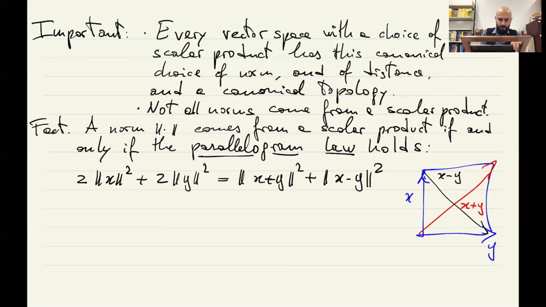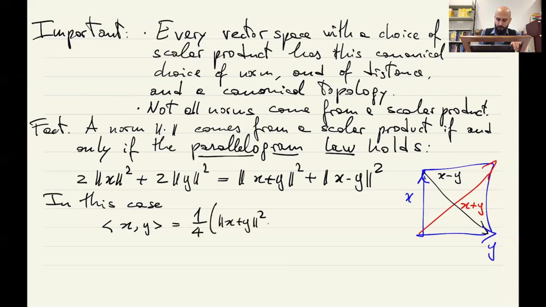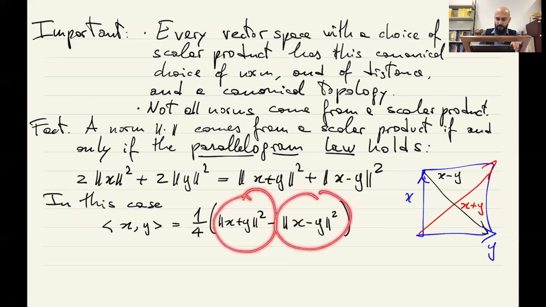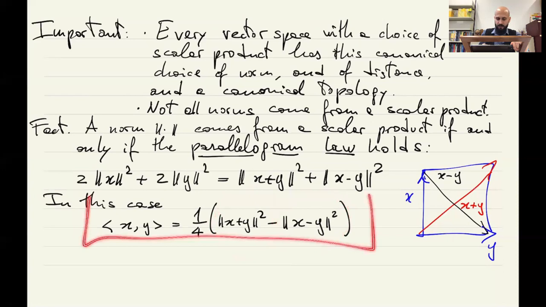And in this case, so if this parallelogram law holds, then we have that the scalar product is equal to 1/4 of norm of x plus y squared minus norm of x minus y squared. Of course, one can write this down as a scalar product and check that this equality holds.